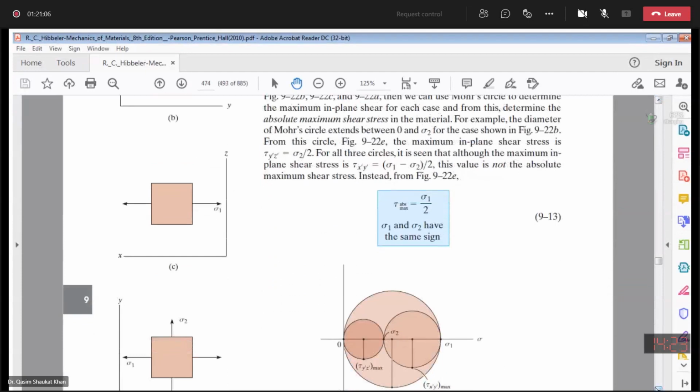So both are positive, but sigma 1 is larger and sigma 2 is smaller.